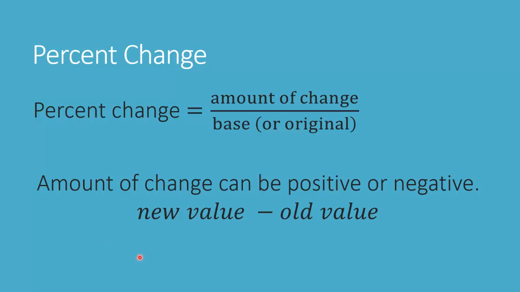But it could be the opposite. You started at 100 and went down to 90. So your change will be 90 minus 100, so you get a negative 10, a negative percent change, or a percent decrease. If the new value is larger, this will be positive, and that is a percent increase.